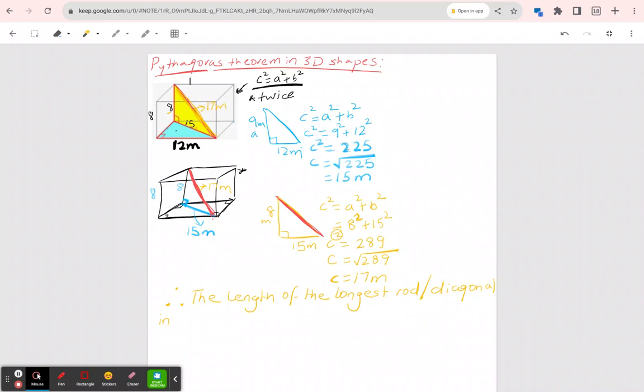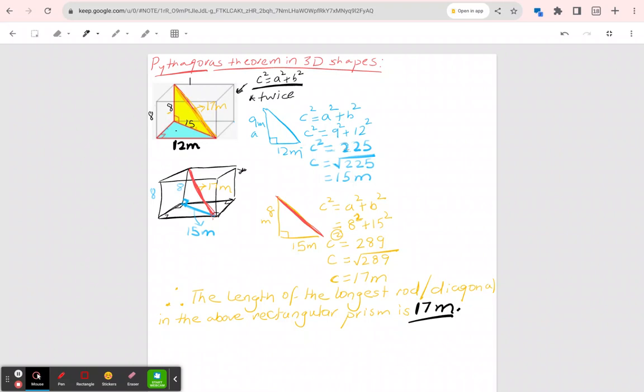So the length of the longest rod or diagonal in the above rectangular prism is 17 meters. Okay, easy. So that's the beauty of using Pythagoras twice in a three-dimensional shape.